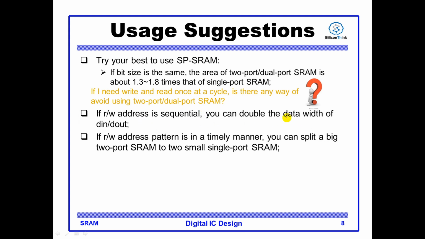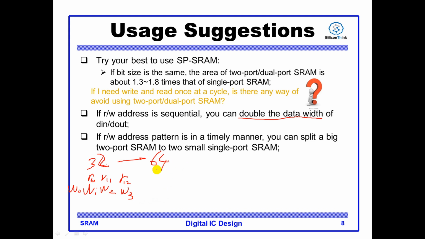Okay, one solution is to double the data width. Can you understand? Originally it is 32 bits, and when generating the SRAM, we can double it to 64. So for the 32-bit data, you have to read and write in this manner.